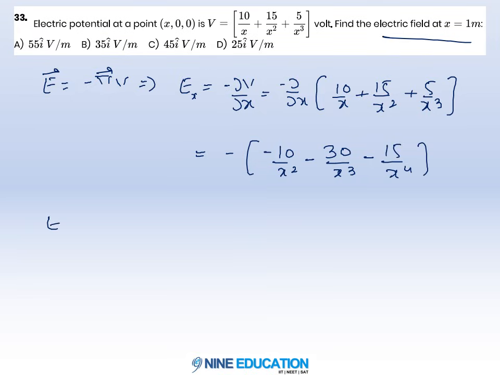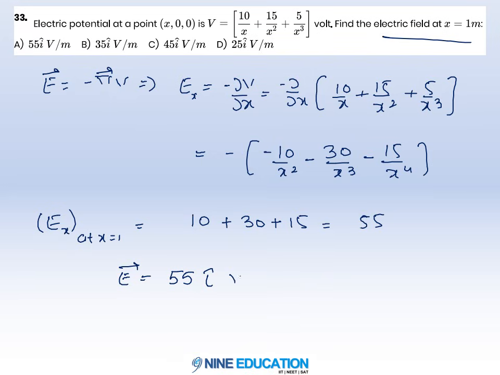So Ex at x equals 1 becomes 10 plus 30 plus 15, so 55. So E becomes 55 i cap volt per meter.